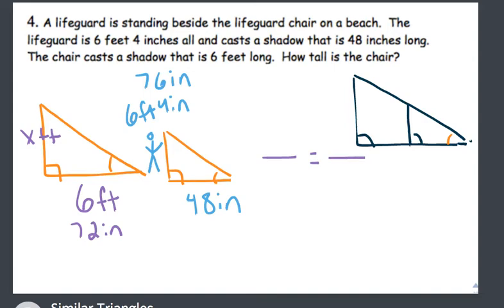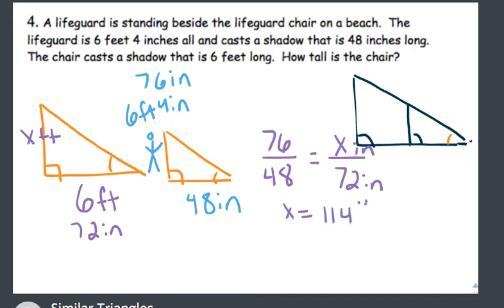So we have the person's height at 72 inches over 48 inches. And then we have the chair's height, which right now, this X will be in inches since I'm doing inches over inches. If I had done, instead of 72, 6 feet, then X would be in feet. When we cross multiply and solve this, we get that X is 114 inches.